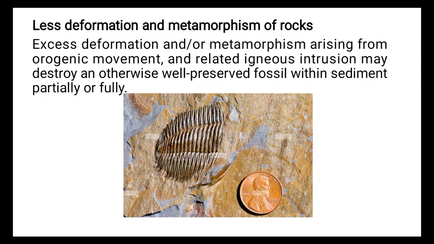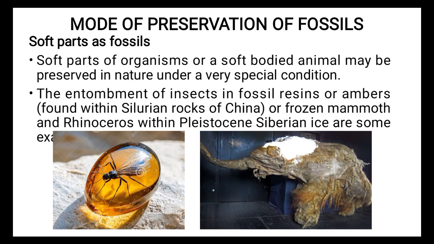But in the reverse condition, where metamorphism is very high with high deformation, there will be very little chance of getting a well preserved fossil. In this image you can see a trilobite fossil which got deformed by the metamorphic process. Then we'll go to the mode of preservation of fossils.